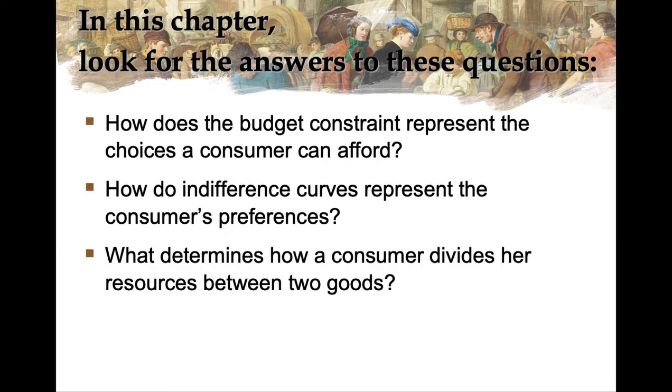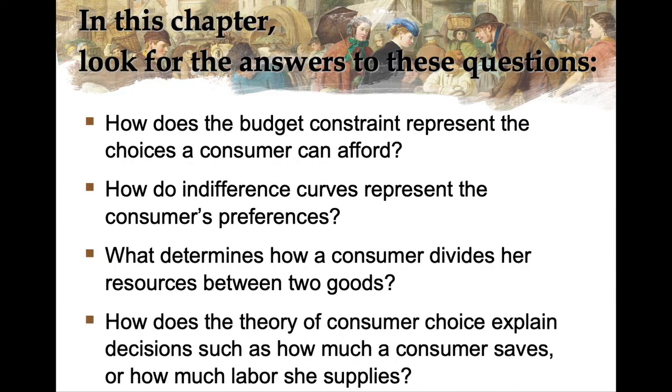And what determines how a consumer divides her resources between two goods? And how does the theory of consumer choice explain decisions such as how much a consumer saves or how much labor she supplies?